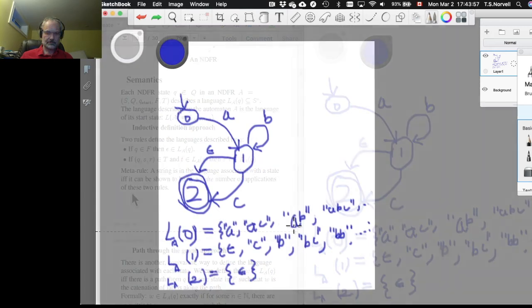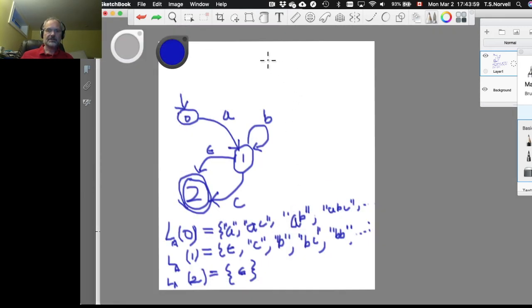Okay. Now the language of the whole automaton, and I called this automaton A. Automata don't have to be called A, but this one is. So the language described by the automaton is the language described by its start state, and you can see we could also describe that with a regular expression.